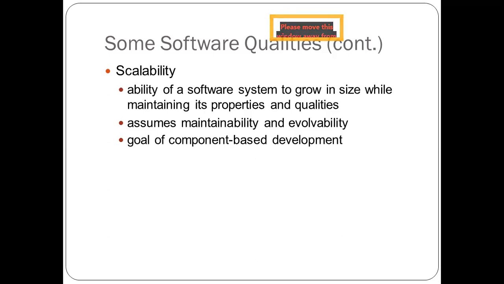So these factors come under scalability. Here we can enhance the size of our software as per need or demand. Suppose we develop software for a particular number of users, then we can also use that software by increasing the number of users. So this factor comes under scalability.